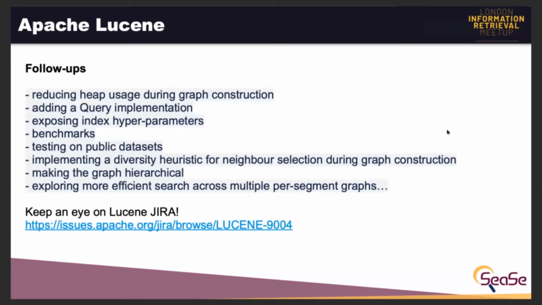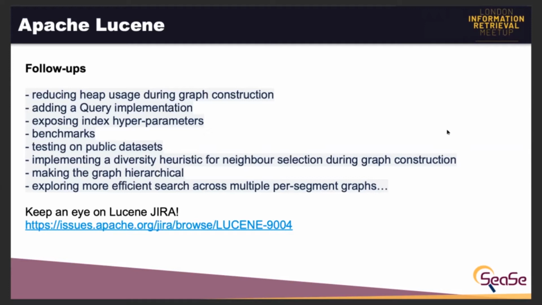Of course, the work is not complete. There are a lot of follow-ups that are going to happen in Lucene to reduce the heap usage, because during indexing time, you are building these graphs that are then going to be leveraged at query time to explore just part of the corpus. So this currently occupies a huge amount of memory. Then the query side is missing at the moment.